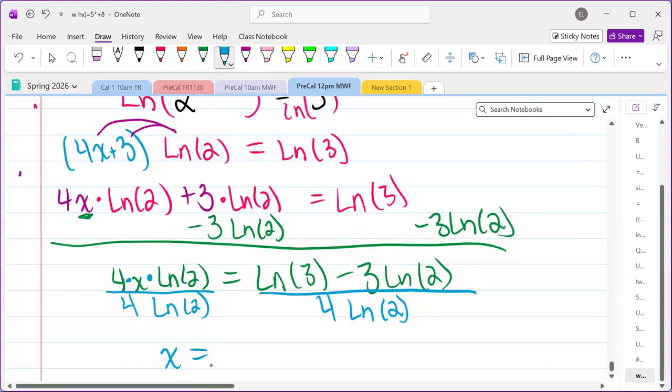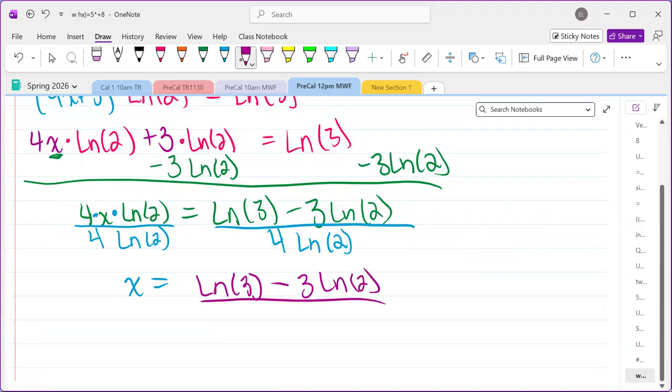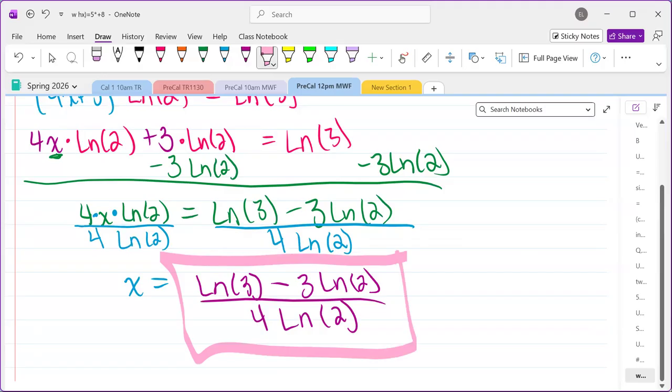So I now have x by itself. And that ridiculous thing is our solution.